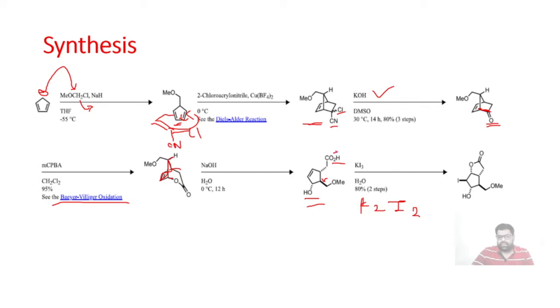This COO minus will attack over here, and then this double bond will attack the iodine molecule, and we get lactone formation as well as iodine over here. So this is a simple and easily understandable reaction of iodolactonization. I hope you have understood the steps over here. Now let's go for the next steps.